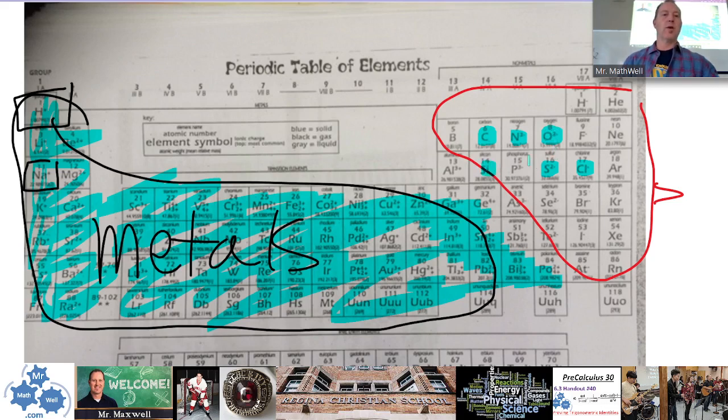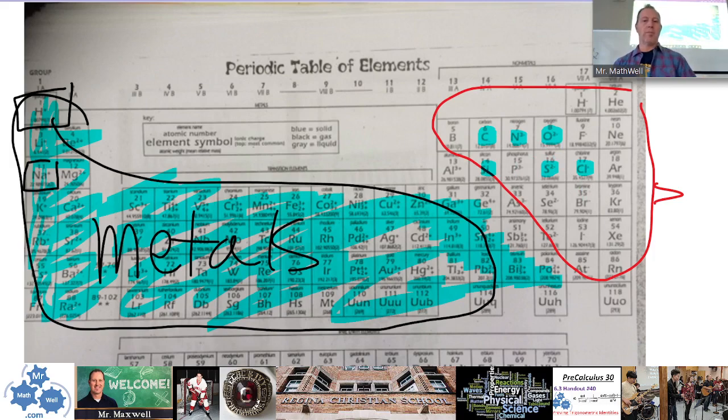These ones where we have elements from this section of the table combining with each other, those are molecular compounds. And it's not because they form ions, because the ions that these would form would all be negative. So negative does not attract to negative. Negative and negative do not form a bond. Only negatives and positives form a compound. So it's not because of the charges.